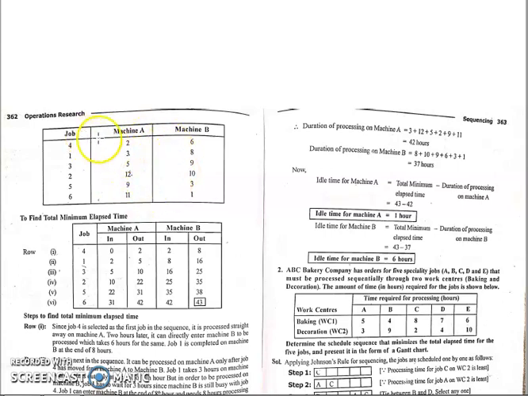So don't copy the same values which were there earlier, right? So modify the time such a way that this particular job, that particular row should come here. Then this row should come here. In that way, you tabulate like this. Then after getting this, you need to find the minimum elapsed time. We'll see how it is.